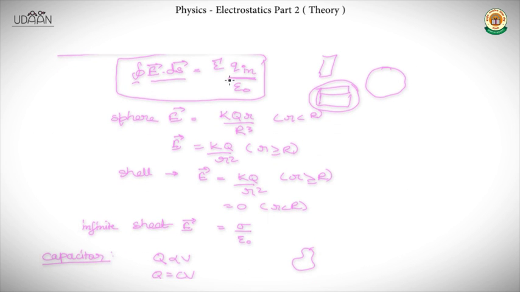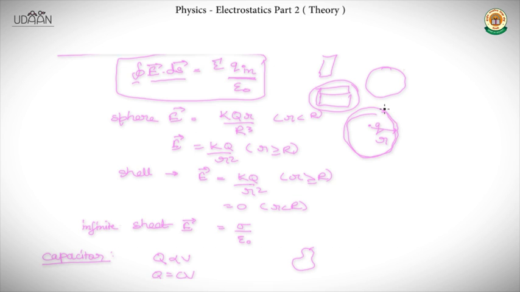So Q enclosed means, see, how to apply this? There's a charge Q. So we make a Gaussian surface, a shell of radius r, and we apply this formula here. So E dot ds is equal to 4 pi r square, the total area of this surface.